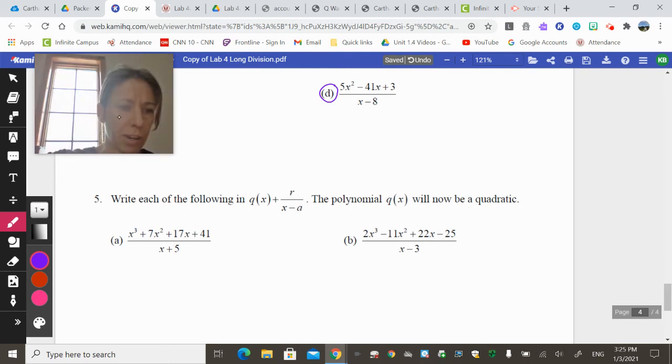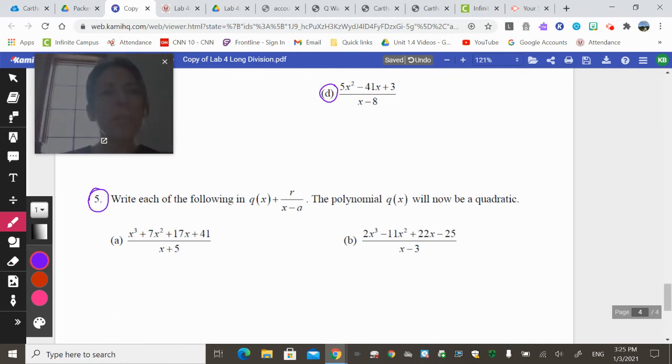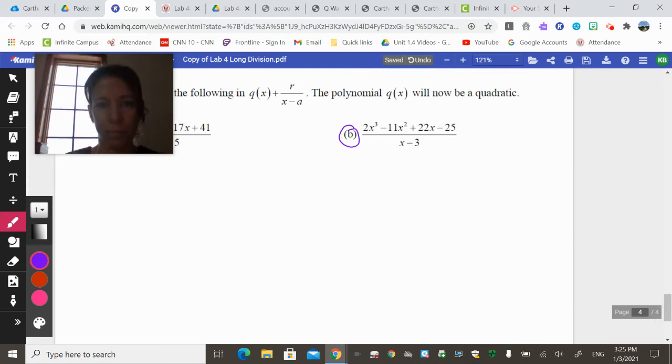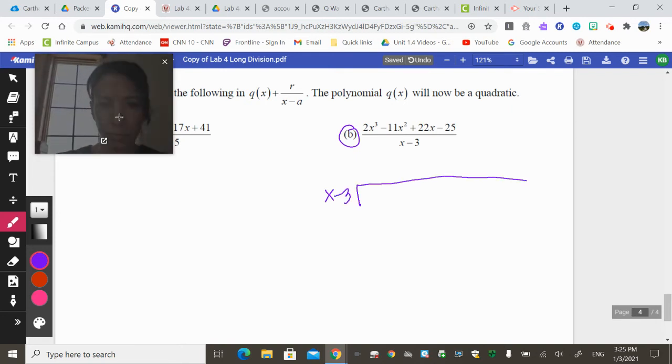Okay, so for number 5, I'm going to do one of these with you. And I guess I'll do part B with you. All right, just as a review of long division. Okay, so if we're dividing x minus 3 into this polynomial, 2x cubed.